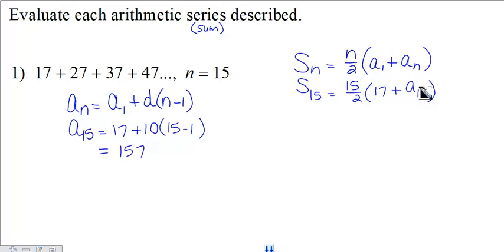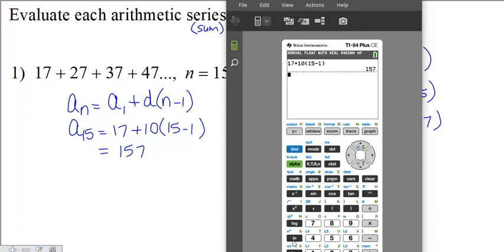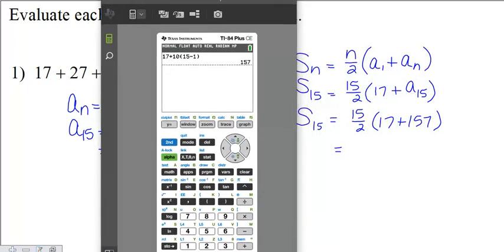I can plug 157 into my equation now and solve it. Remember, when I am doing an arithmetic series, I'm looking for the sum of all 15 terms. The equation helps me do that a little bit faster. Again, if you need to pull out your calculator to actually do this calculation, that's fine.